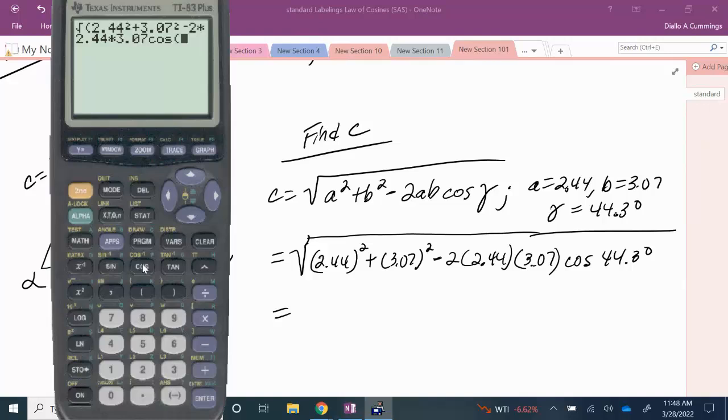So there's no need to put times. It understands that that's a multiplication. 44.3. I want to close off my argument for cosine. I want to close off my radical. And let me check what I have. 2.44 squared plus, let me just put that in again.